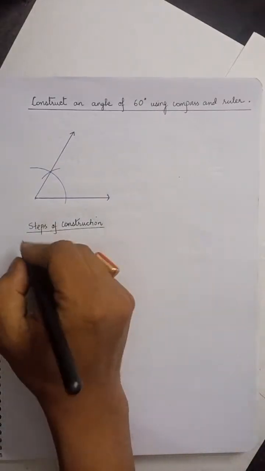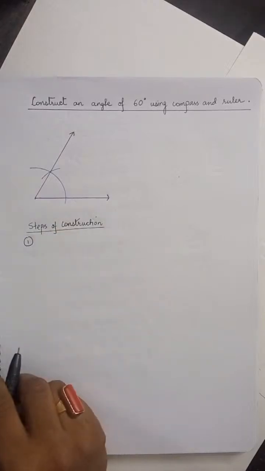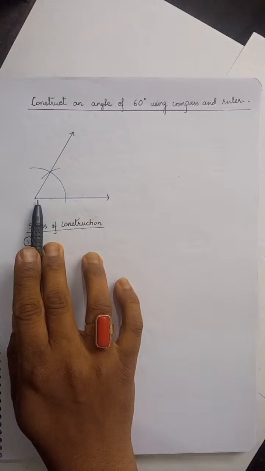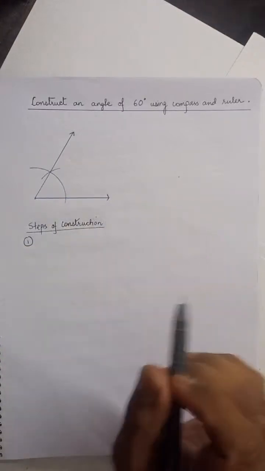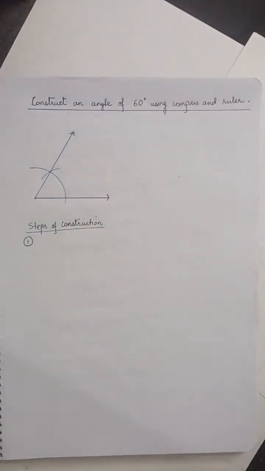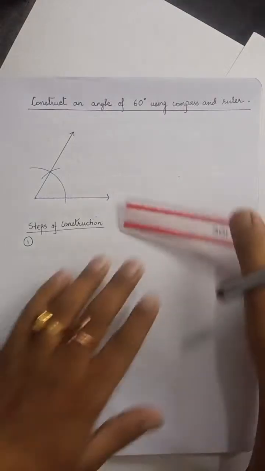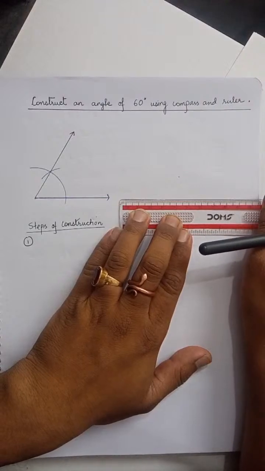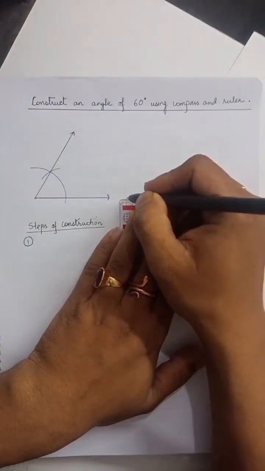So what we did, we draw a ray. Let me draw first. I'm drawing this again just so that I can write the steps. So I'm drawing a ray.